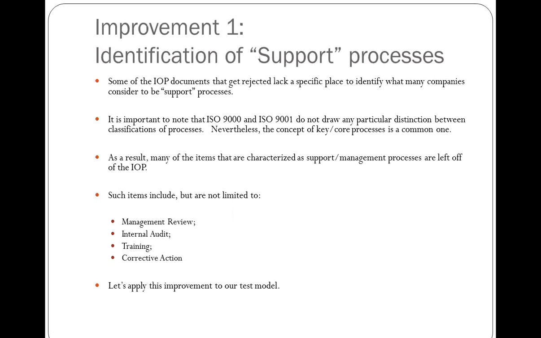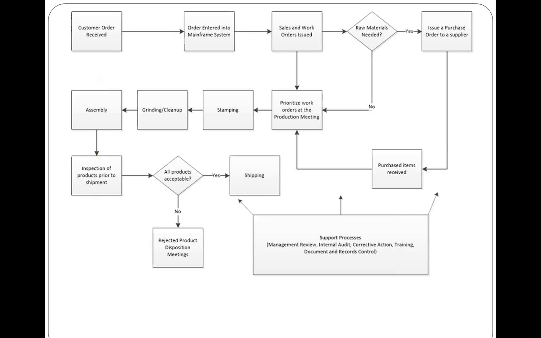And again, that's something that can lead to concerns in the audit. So our first of 2 improvements to this IOP is we're going to specifically identify the support processes.